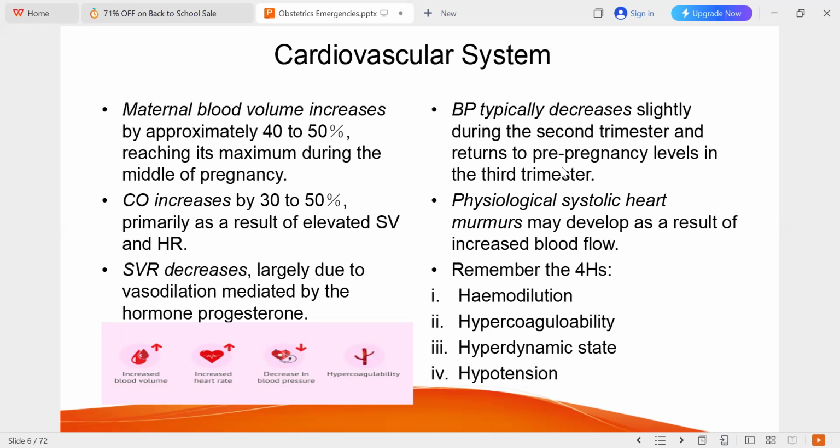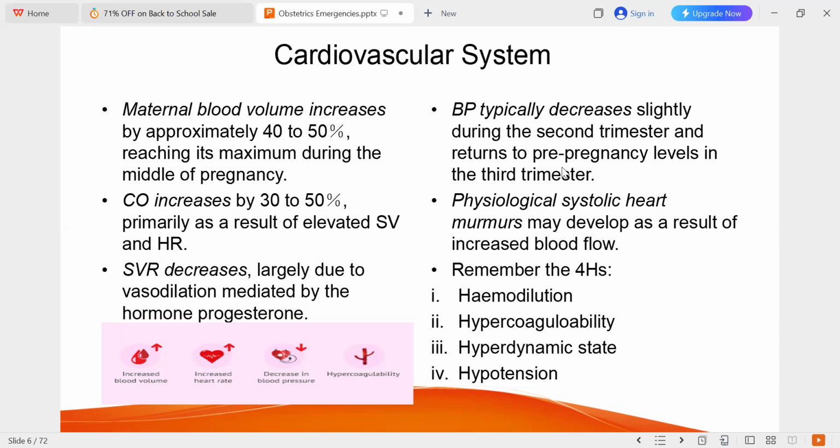The systemic vascular resistance decreases, largely due to vasodilatation brought about by the progesterone hormone. Blood pressure typically decreases slightly during the second trimester and returns to pre-pregnancy levels in the third trimester.